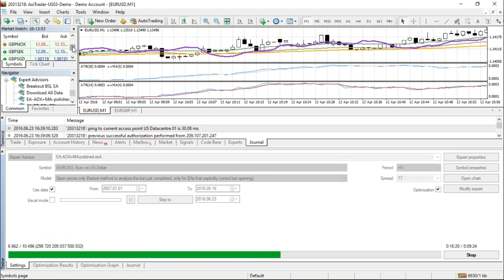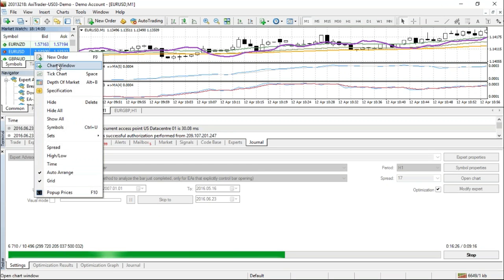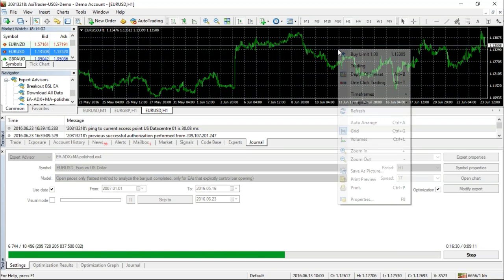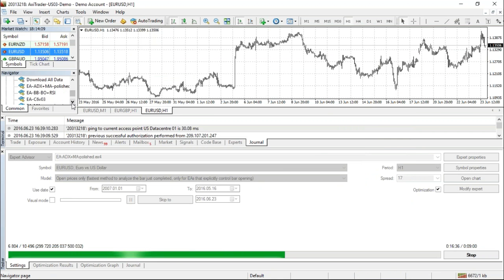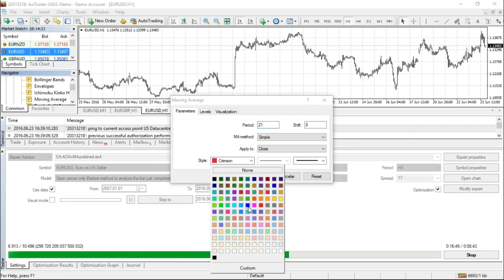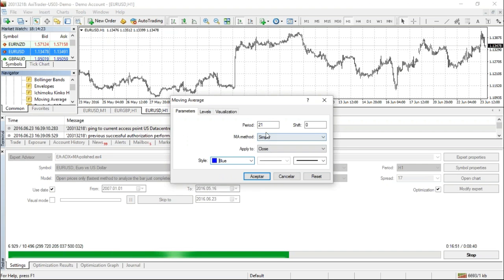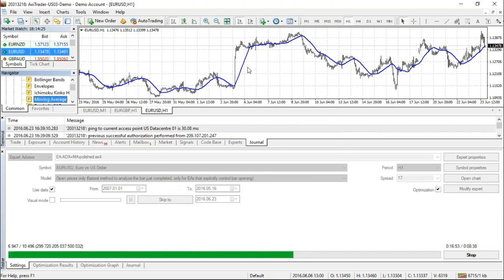Let's take here the euro dollar and just show you the rules. I'm opening here a new chart on the euro dollar. I'm going to put it black and white because it's more visible. And I'm going to do exactly what I did, a moving average of 21. I have here my indicators, which is here a moving average. I'm going to put it in a darker color because it's a simple moving average, right?